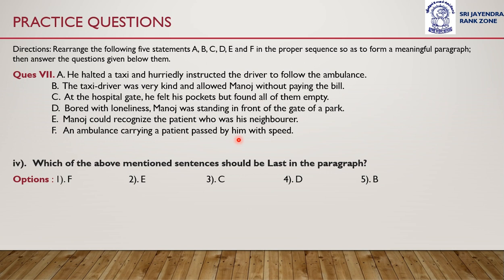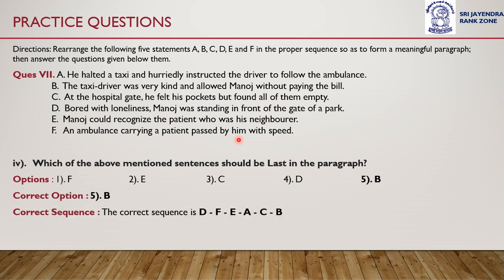So the last sentence is B. Option number 5, B. The taxi driver was very kind and allowed Manoj without paying the bill. Therefore, B would be the last sentence.